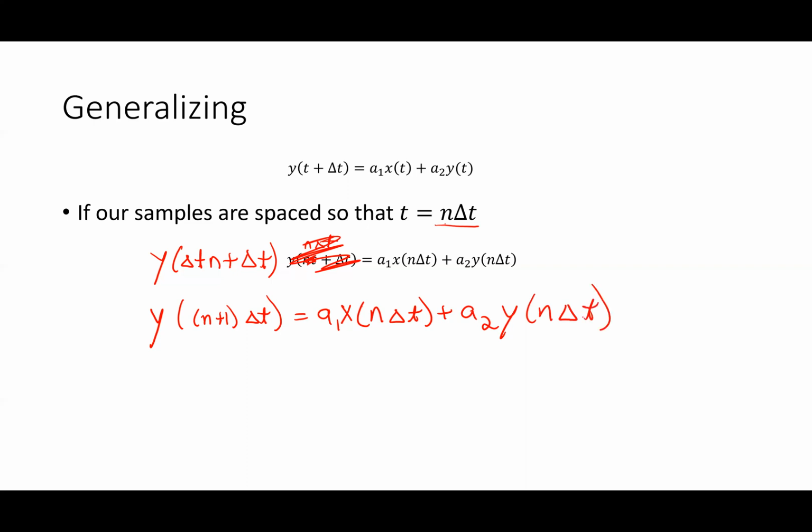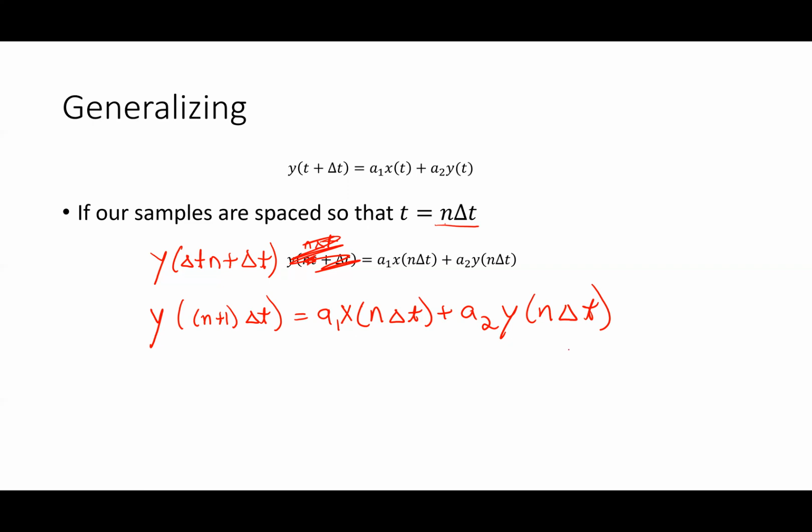I always want to pause and look to say I should be able to make sense of this in words, right? What I'm saying is y at the next point is equal to a weighted combination of x at the current point plus y at the current point. So when I look at that, do I even need the delta t?